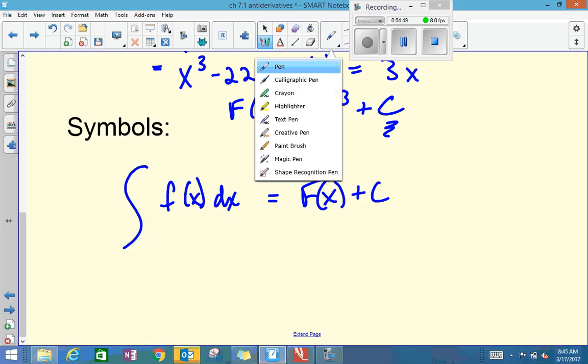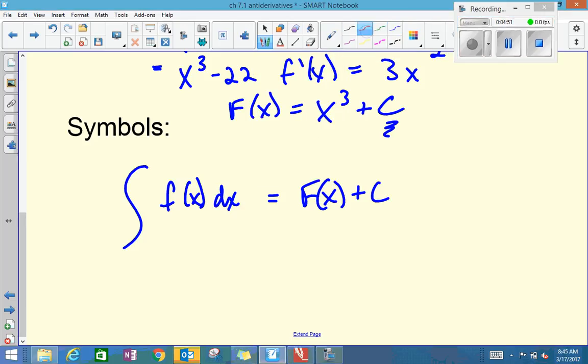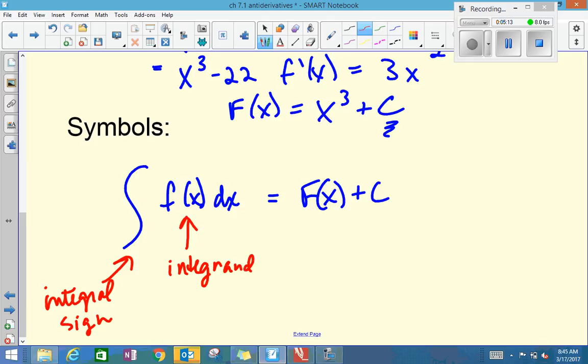So when we're referring to this notation, the stretched out s is called an integral sign. f of x itself, sorry, is the integrand. dx represents the variable that we're integrating in reference to.